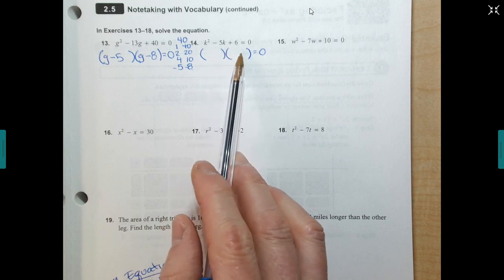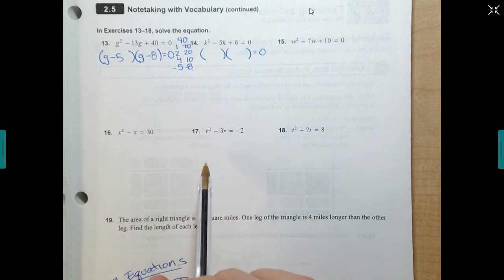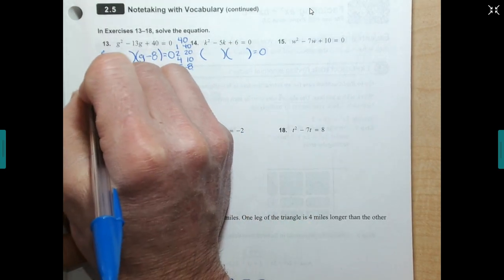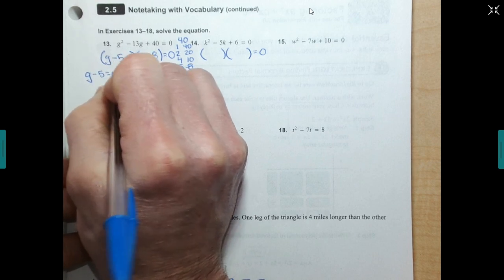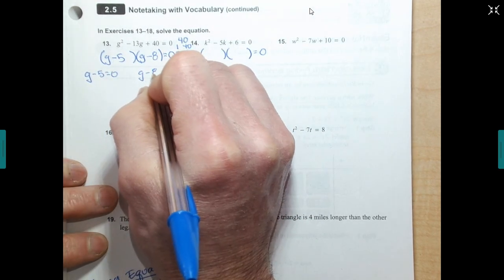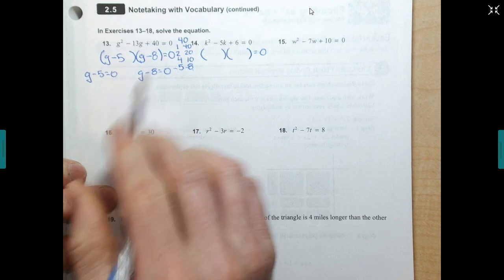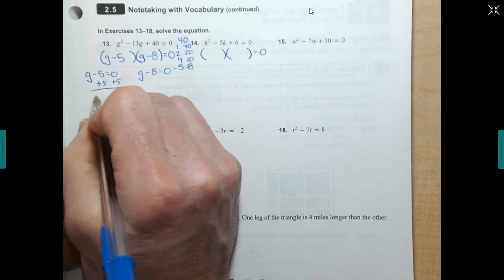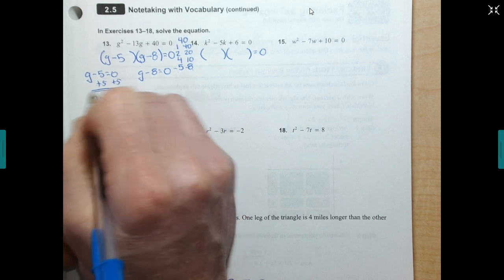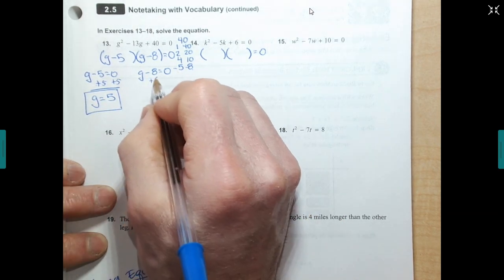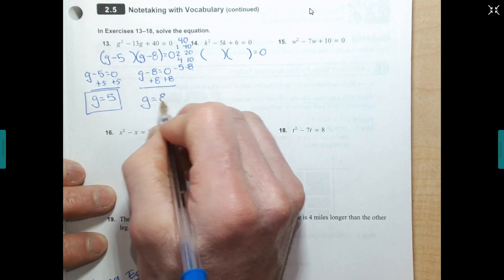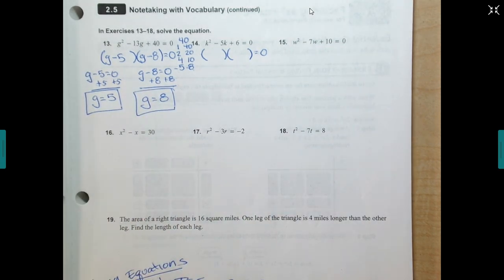They either have to both be negative or both be positive in order to get this as a positive. Okay. Coming back here, g minus 5 equals 0 and g minus 8 equals 0. So I split it into two equations. Add 5 to both sides, and I get g equals 5. Add 8 to both sides, and I get g equals 8. There you go.